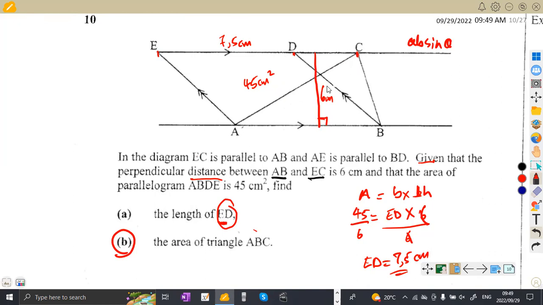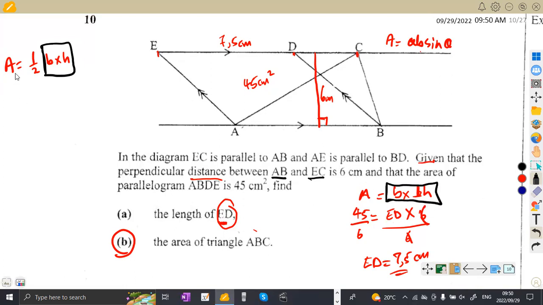What are you seeing? These two shapes, the parallelogram and the triangle, are on the same base, and they share the same height. Remember, guys, the area of a parallelogram is AB sine theta, or base times height. The area of a triangle is half base times perpendicular height. Base times perpendicular height is the area of a parallelogram.